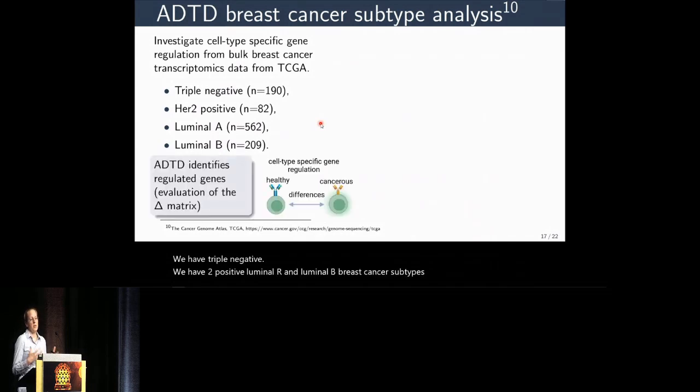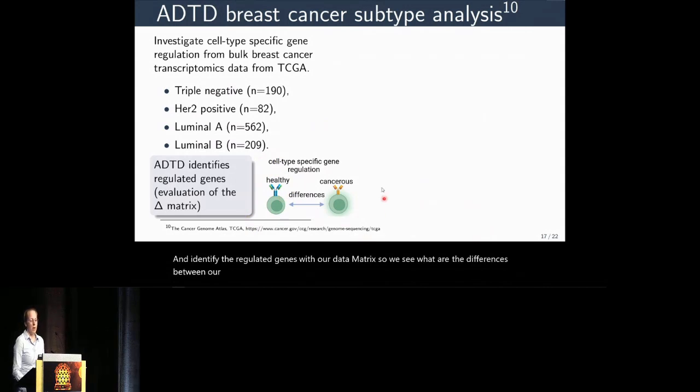What we're doing is performing ADTD on all of these 4 subtypes and identifying the regulated genes with our delta matrix. So we see what the differences are between a healthy T cell, for example, and a cancerous T cell, or B cell.